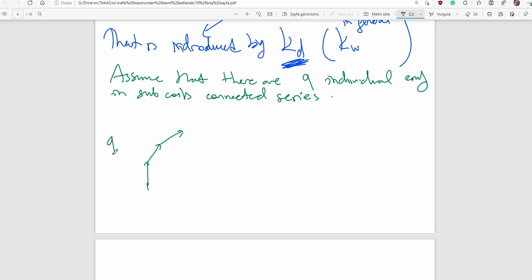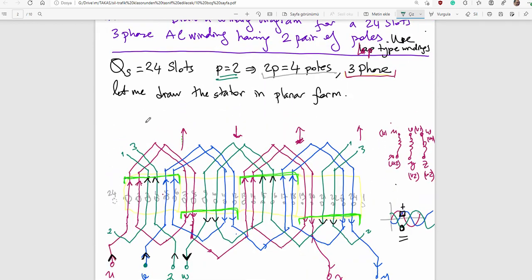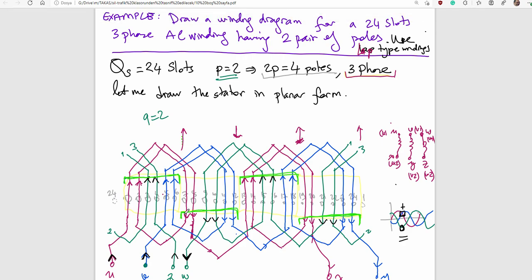Here are Q EMF components, Q times EMF. You already know, here you see Q is 2 in this example. Here are two individual subcoils connected in series, or that coil is distributed under the pole.